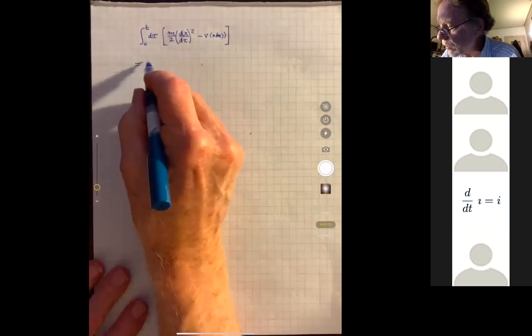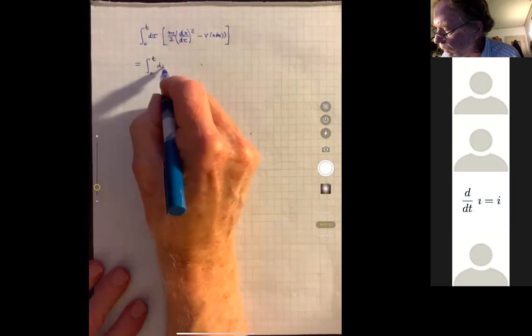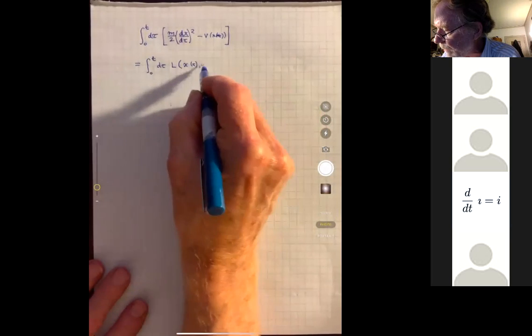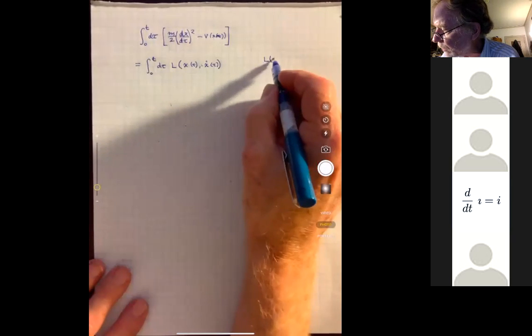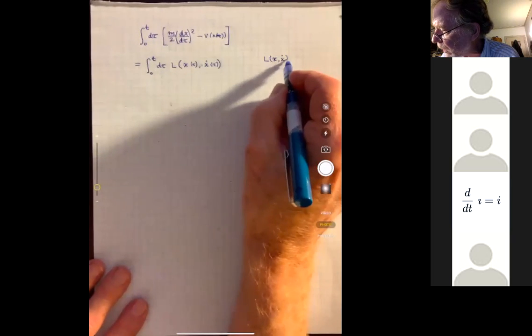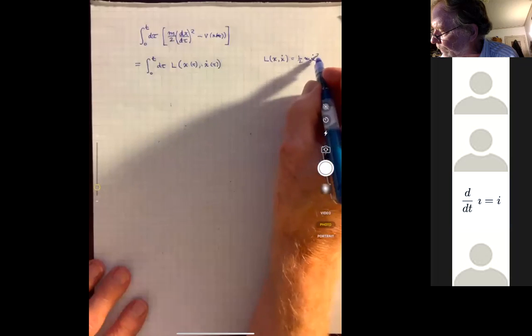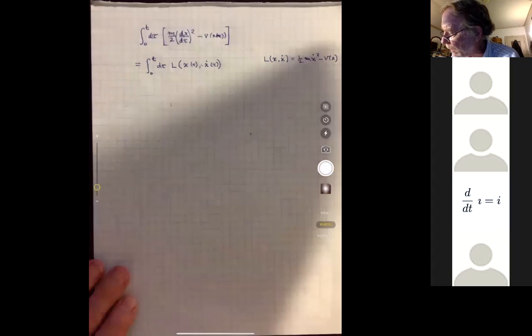And this, you may notice, is the same thing as the integral from 0 to t d tau of the classical Lagrangian evaluated at x of tau and x dot of tau. Because the classical Lagrangian for this problem, a function of x and x dot, is equal to 1/2 m x dot squared minus V of x. And that's just what appeared after our magical Gaussian integrations.